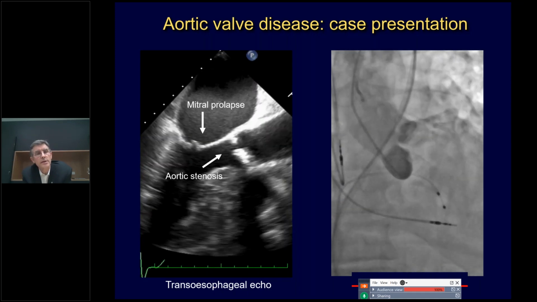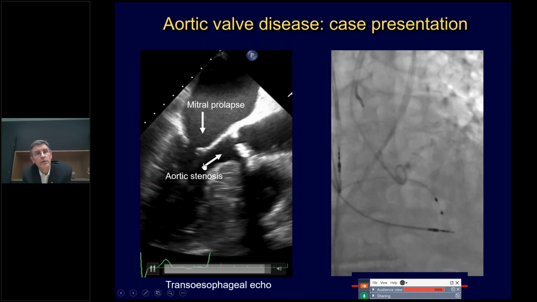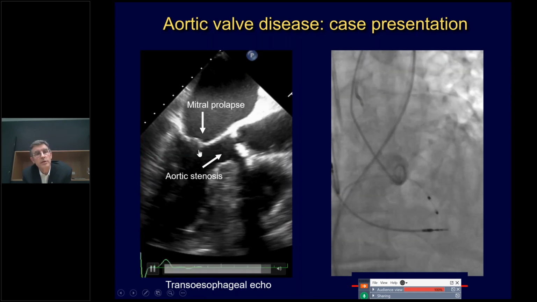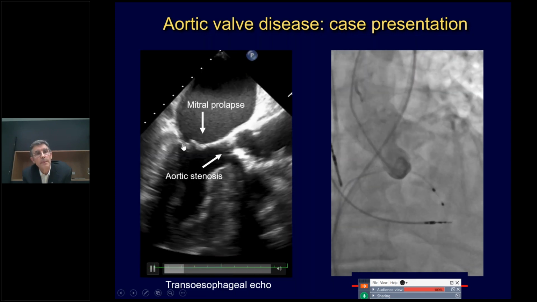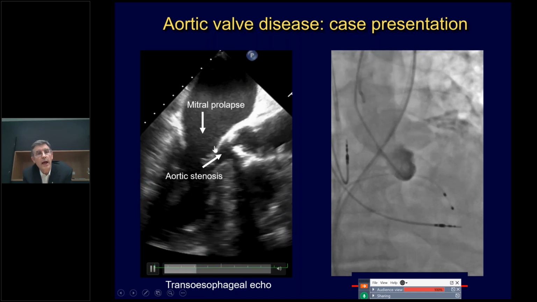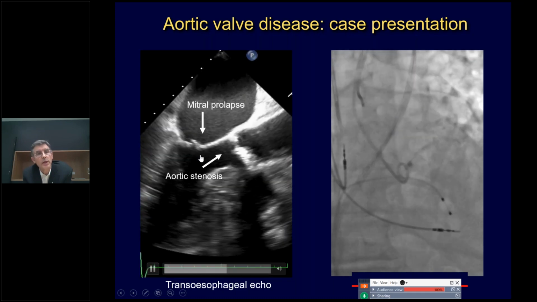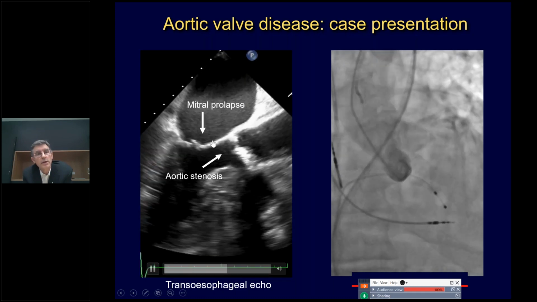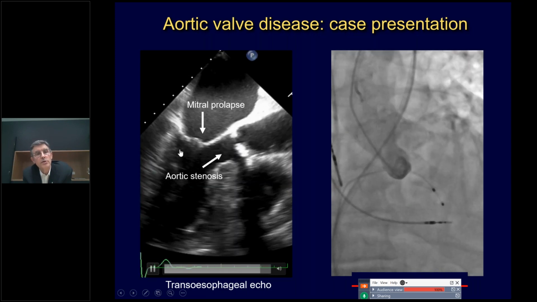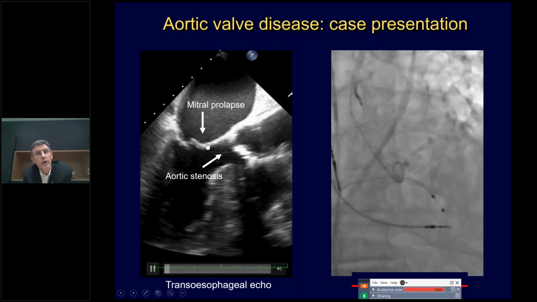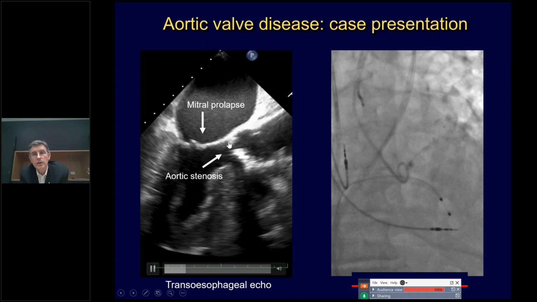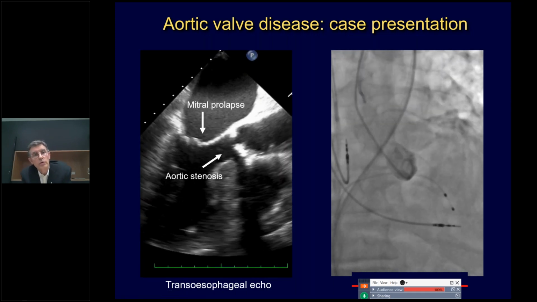The other thing to note is the mitral valve. The mitral valve has two leaflets. One is the anterior leaflet, the other is the smaller posterior leaflet. And you can see that this valve opens well. There's no restriction to opening, but when it closes, the anterior leaflet overrides the posterior leaflet. So this is anterior leaflet prolapse. And the reason that's occurring is because of another degenerative condition, and that is chordal rupture.